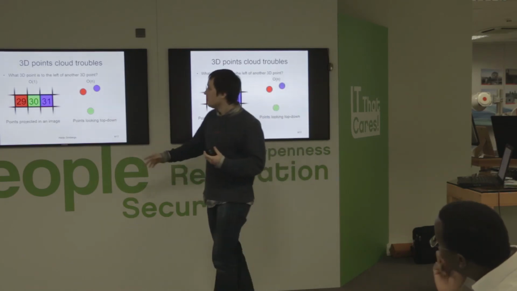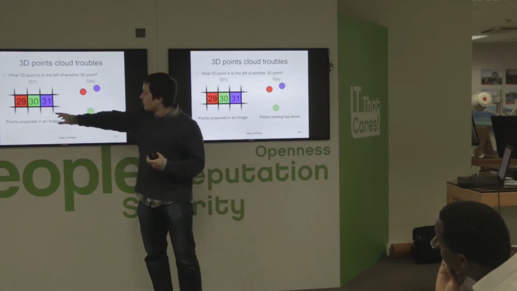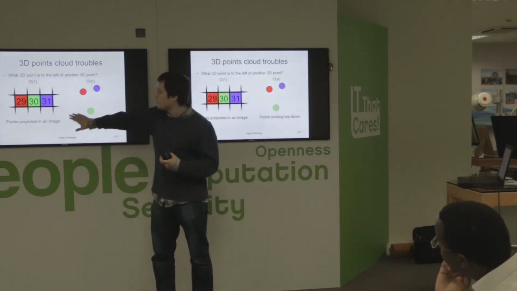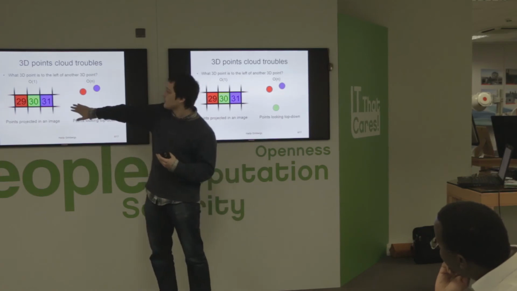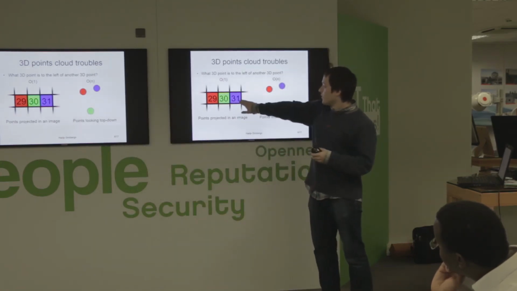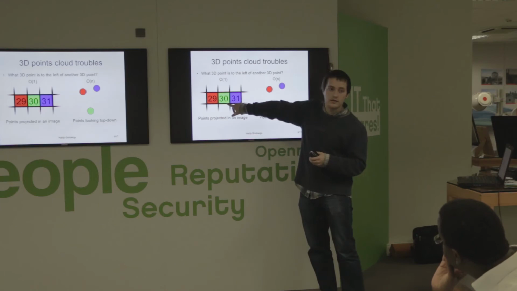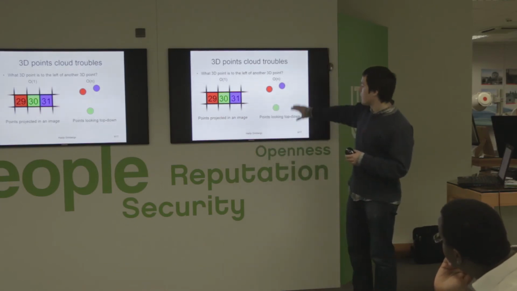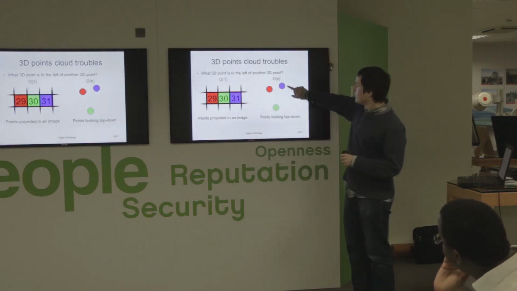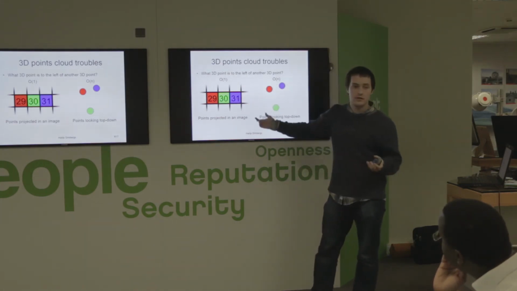For example, if I want to see the neighboring point, in a 2D stereo image we will get an image like that, a projection. And if I want to see the closest pixel to 31, in a regular pixel image that would be 30. In a point cloud, on the other hand, if you look from top down, then the closest point to the blue one is the red one. So that is actually closer to blue than the green one.